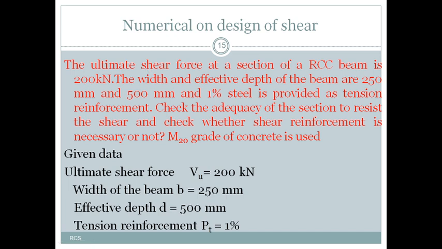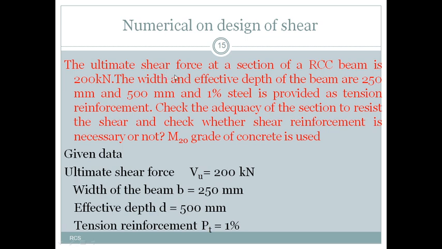Then we get the maximum shear force at the support, that is the simple design shear force. That design shear force should be multiplied with a suitable partial factor of safety, that is 1.5. Then we get the ultimate shear force. But in this problem, it has directly given the ultimate shear force.